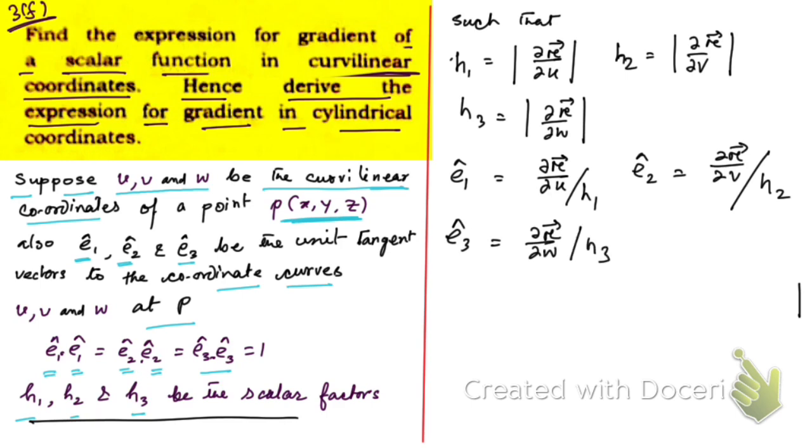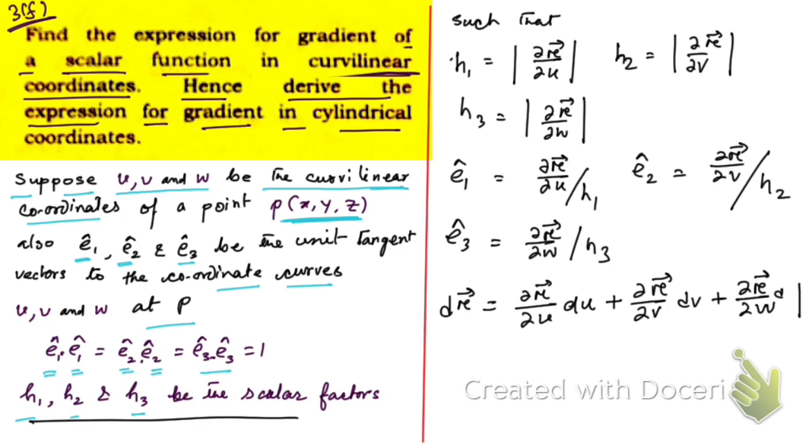And we know that dr can be written as del u of r du plus del v of r dv plus del w of r dw.